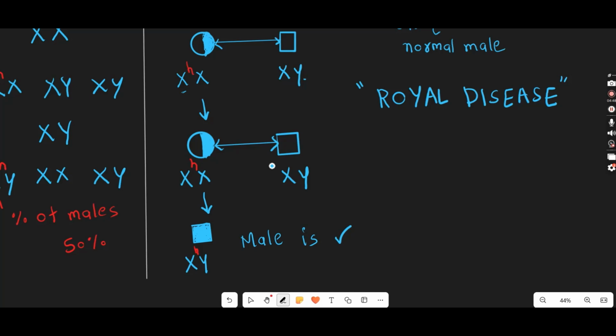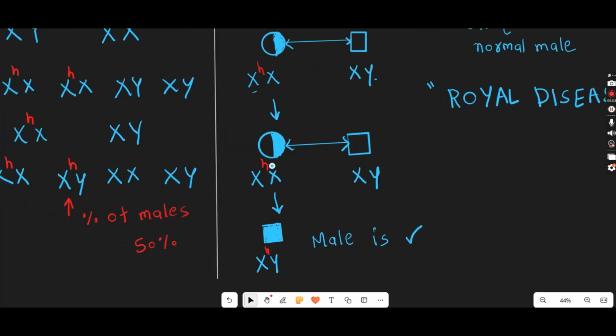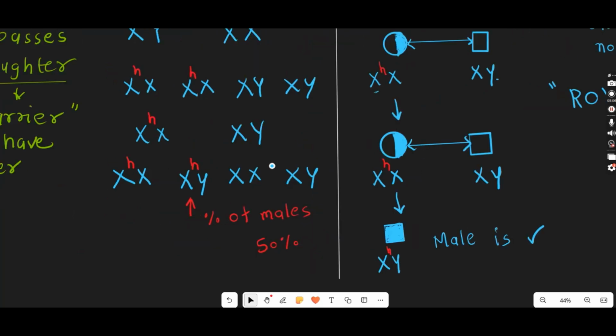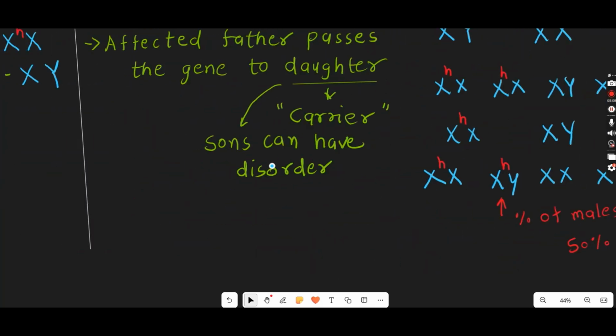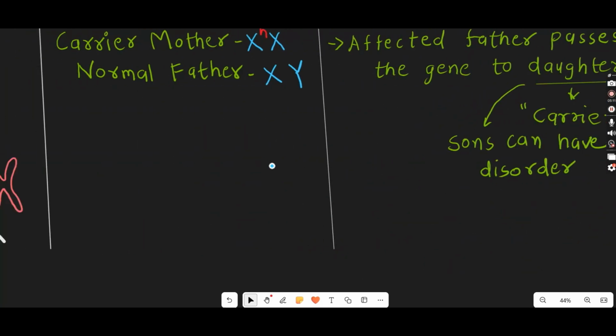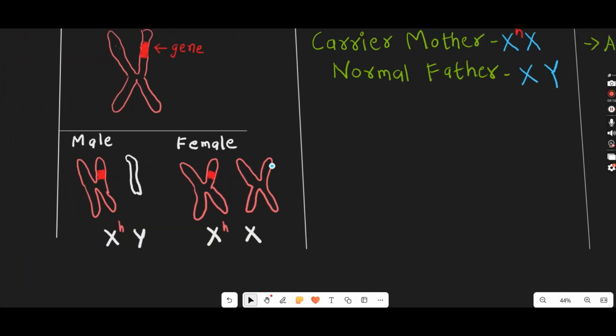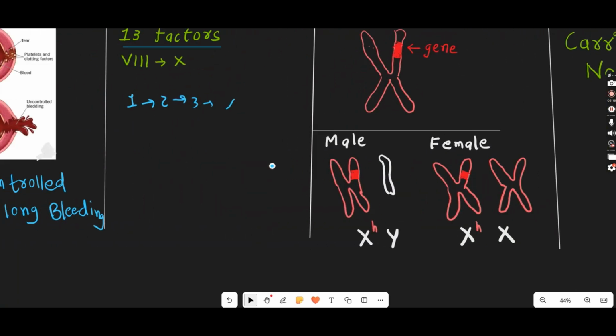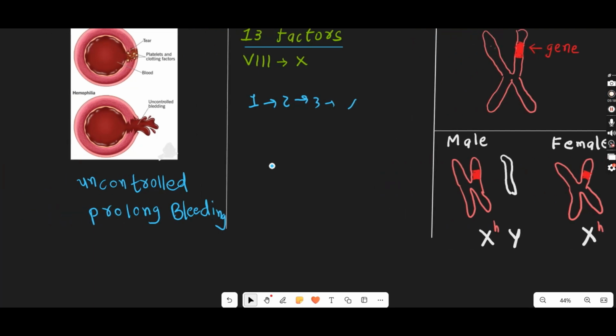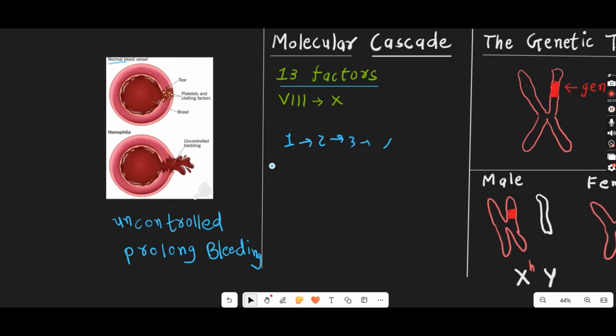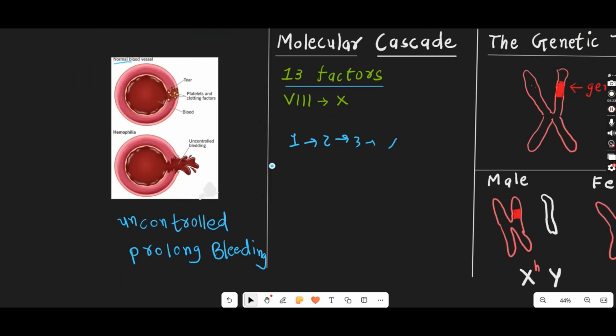Now let's look at what happens in hemophilia. First let's look at the clotting mechanism of blood. So there are a total of 13 factors which make it possible to form a blood clot.